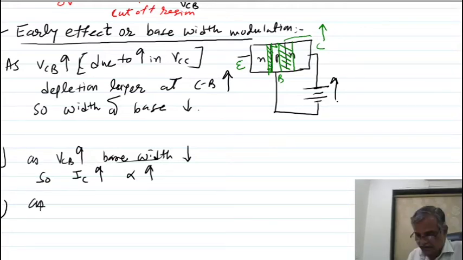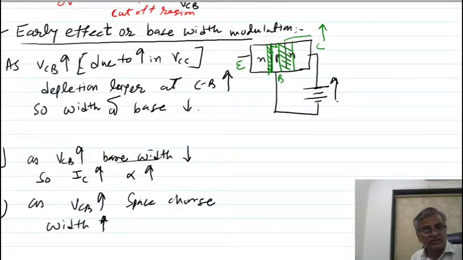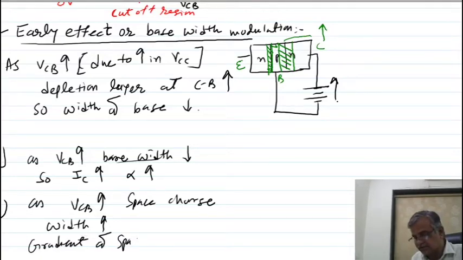Second consequence: as VCB increases, the space charge region increases, so the gradient of the space charge in the base increases.